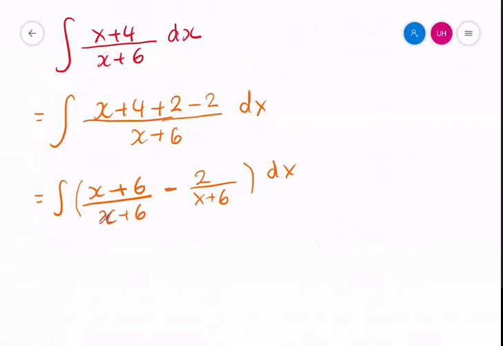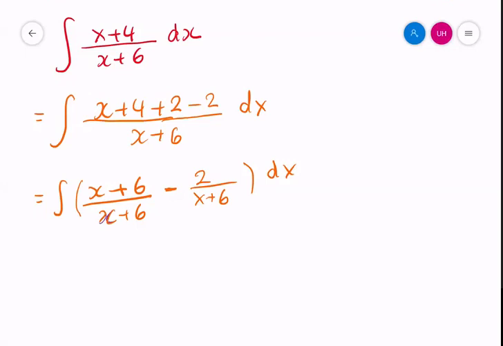Because the denominator is x plus 6, and the top is x plus 4. We can't say this is ln x plus 6 because we have x at the top. So therefore, what we do here, you add 2 and subtract 2, and it's like you add 0. It's just a way to play with the equation.